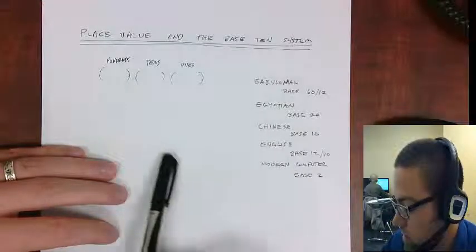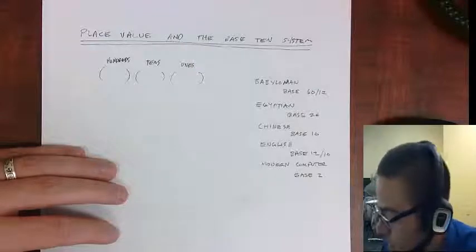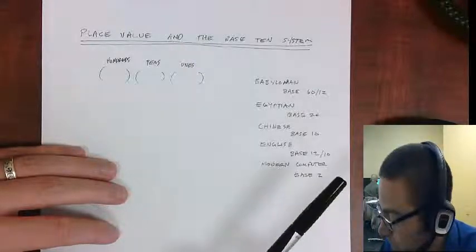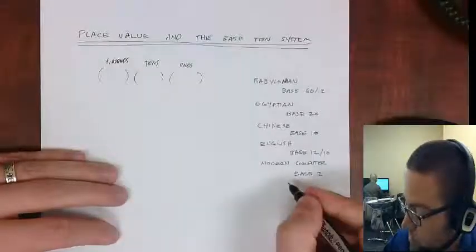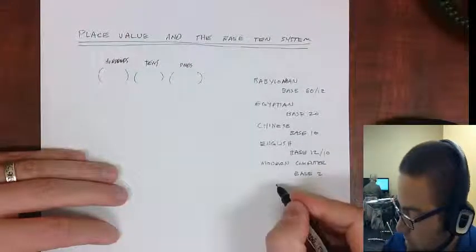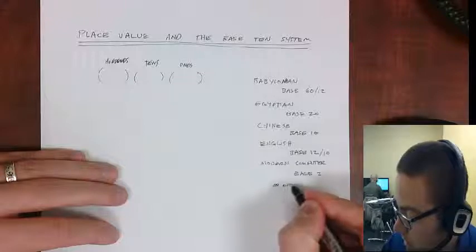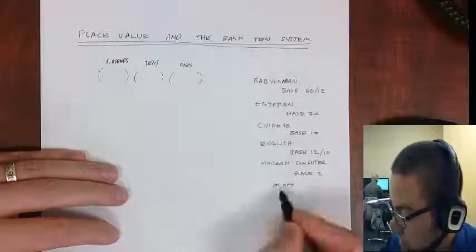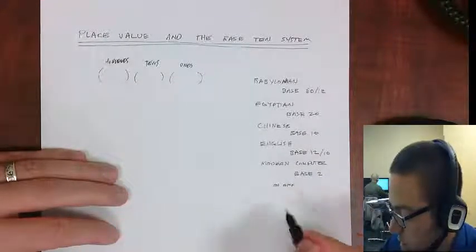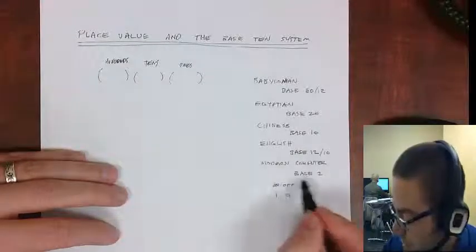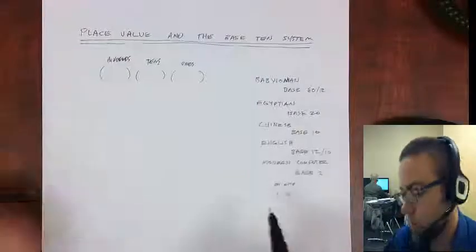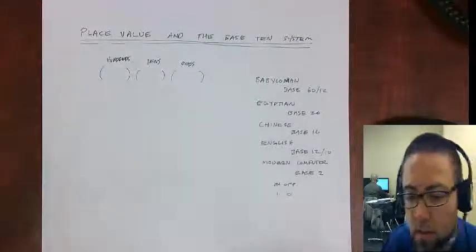The clock has 12 on it. And even today we use base 2 in the modern computer because it's much easier mechanically to have something go either on or off. If it's on, it's a 1, and if it's off, it's a 0. So it's very easy to use a base 2 system with computers because it's a mechanical system.